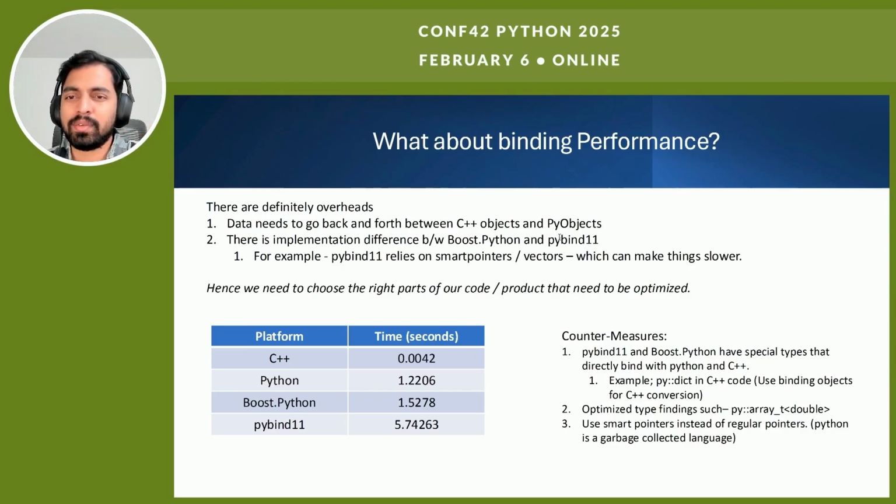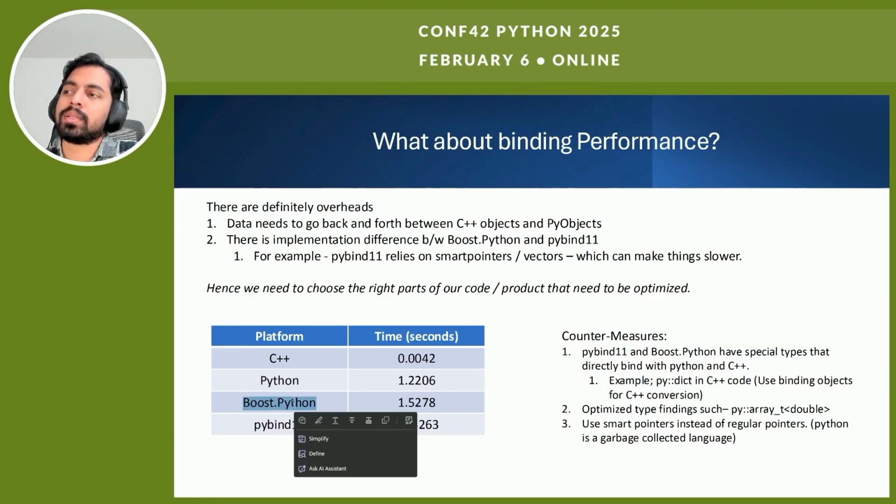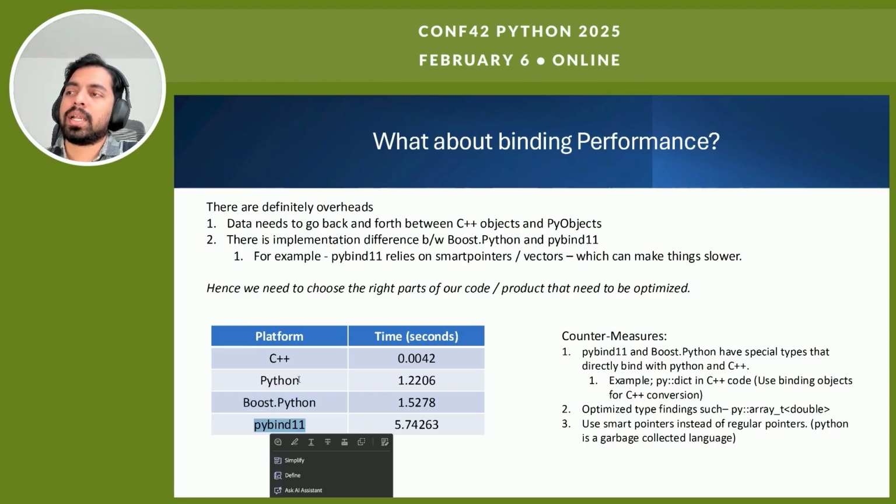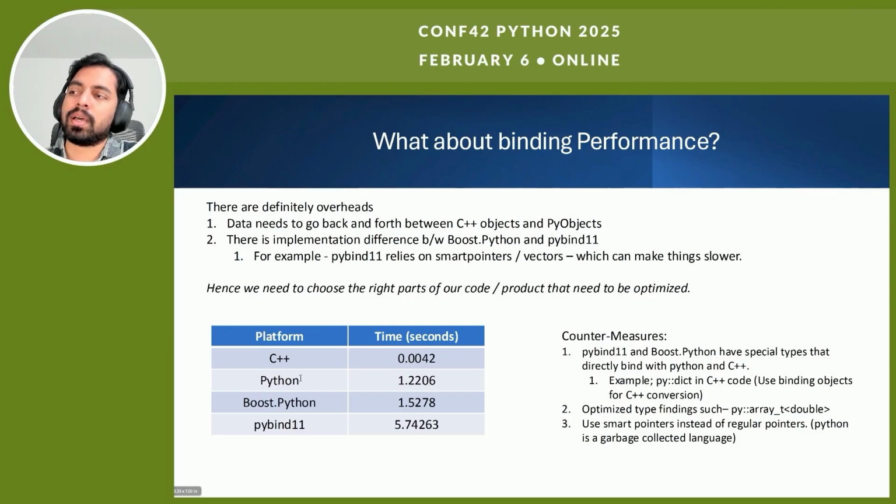There's an implementation difference between Boost Python and pybind11, where in pybind11, everything is a smart pointer. So it heavily relies on smart pointers and vectors, which makes things slower. So it's very imperative that we choose the right parts of our code and product that need to be optimized. I did find some benchmarks online that said Boost Python is slightly faster than pybind11, and of course raw C++ and raw Python are much faster.